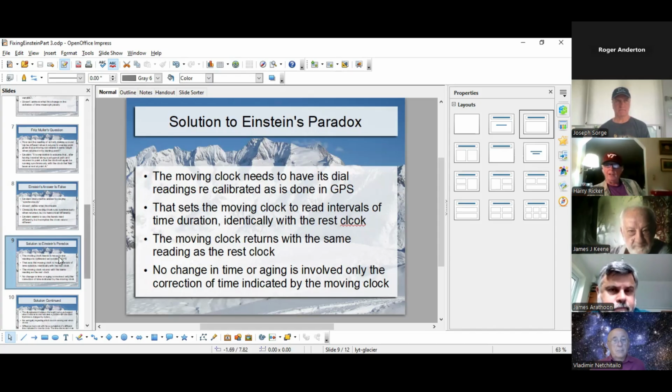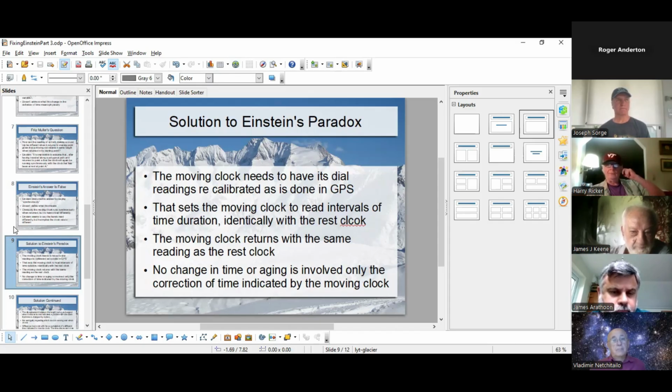And if we multiply the fact that the ticks are longer by the fact that there are fewer ticks, we're going to get the same time interval. So going back to what I was talking about in the previous presentation, there are all these time intervals that you add up. Those time intervals are going to be longer.